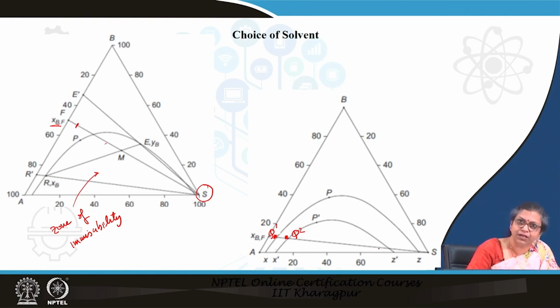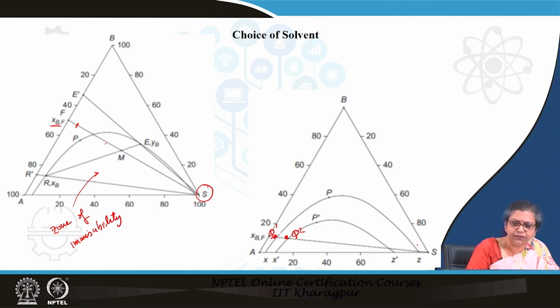But at the same time, you need to remember, when you go for a lower temperature, the rate of mass transfer, the rate of diffusion, decreases. So, we have to optimize on a temperature where we get a sufficient zone of immiscibility, and also keep in mind a sufficient rate of transfer, so that we can optimize efficiency and throughput and perform the extraction process.